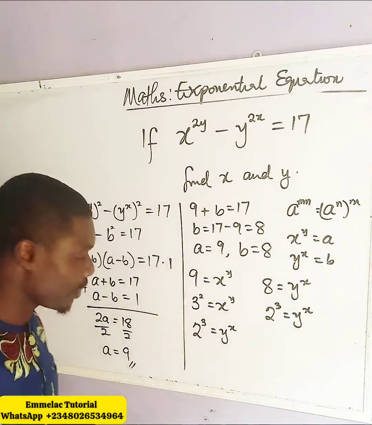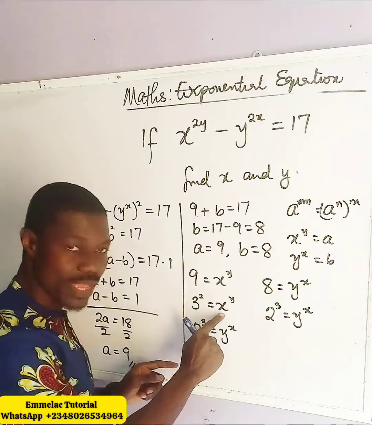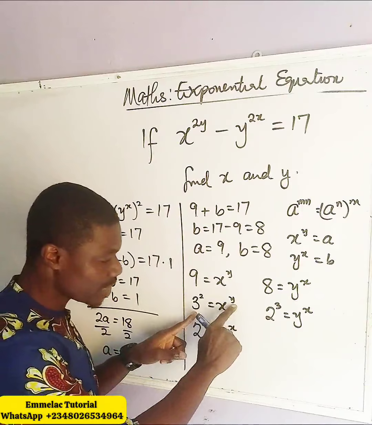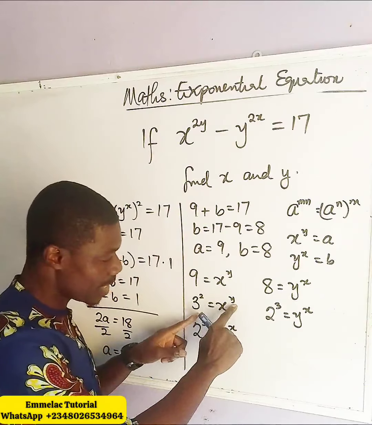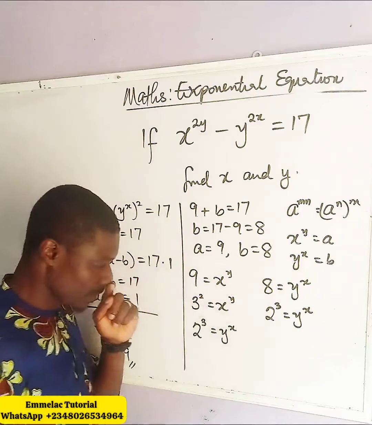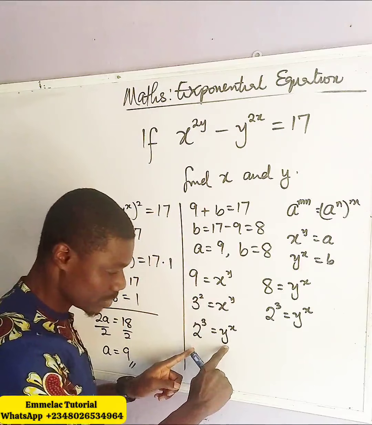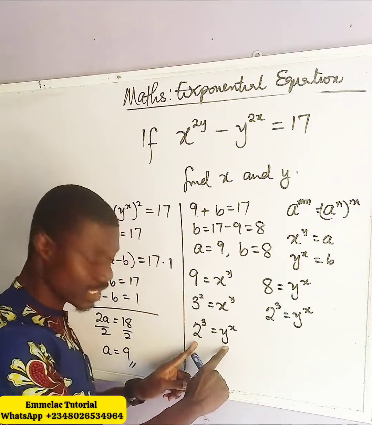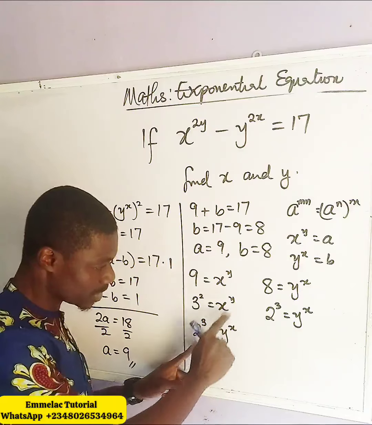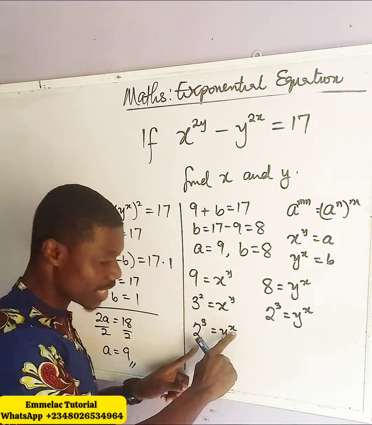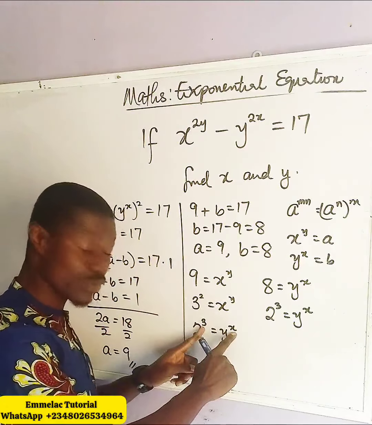Let's see and compare. Now from here, our base here is x, our base here is 3, right? Our exponent here is y, and our exponent here is 2. Our base here is y, and our base here is 2, which corresponds so that 2 here equals 2 here, and 2 here equals 2 here. Then our x here, which is the exponent, equals 3.